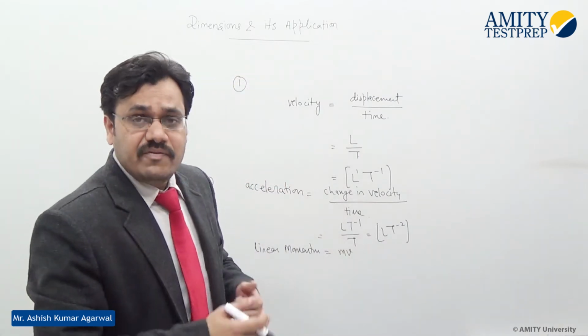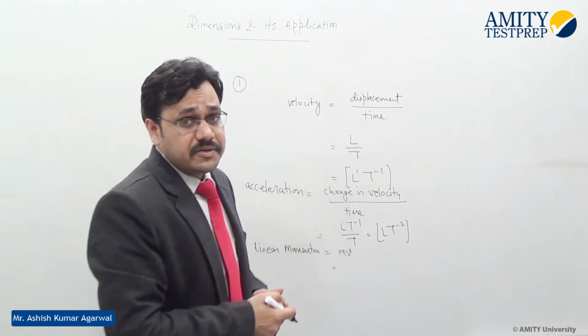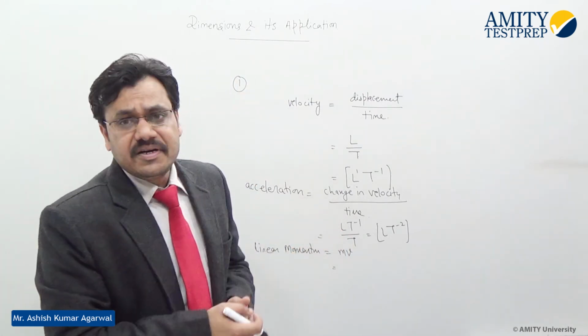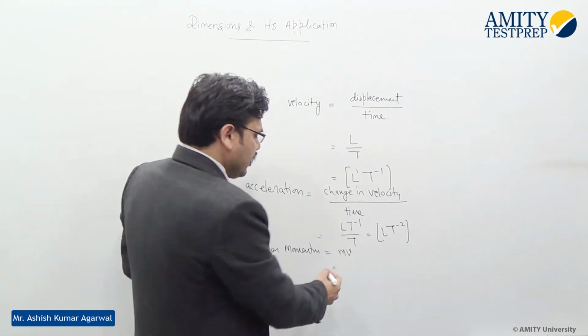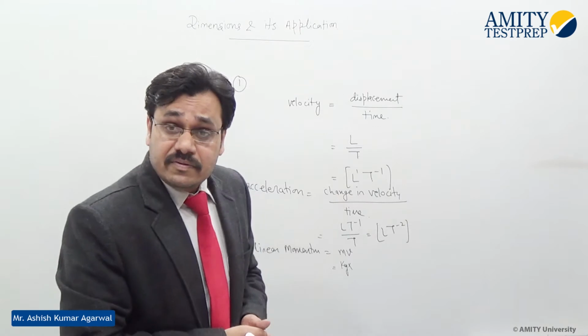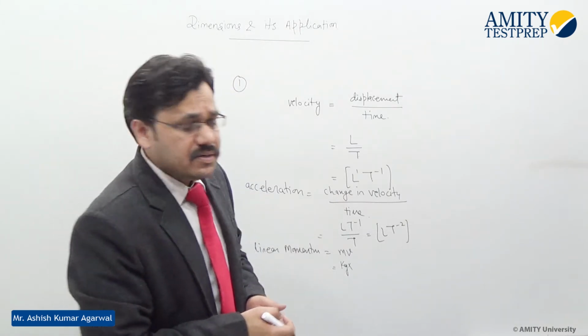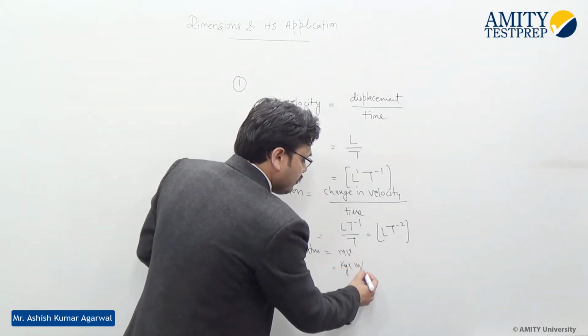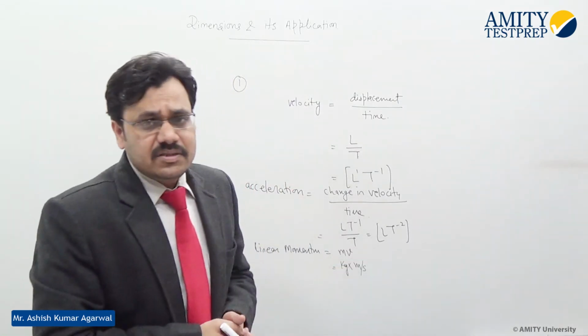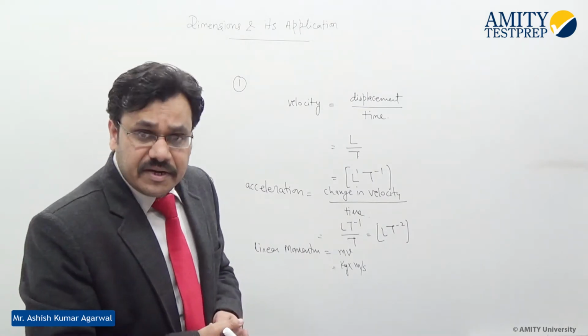M for mass and V for velocity. The unit of mass is kilogram, and the unit of velocity is meter per second. So the unit of linear momentum should be kilogram meter per second.